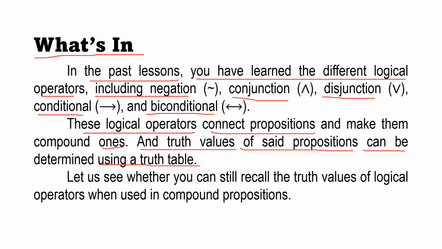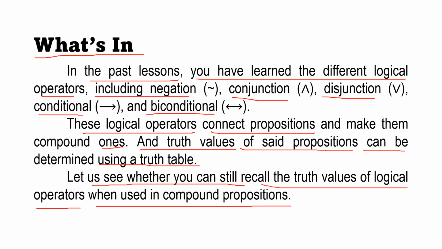What will be the truth values of the resulting compound proposition? By the use of that truth table, we can easily determine the truth value of that resulting proposition. Now, let us see whether you can still recall the truth values of logical operators when used in compound propositions.